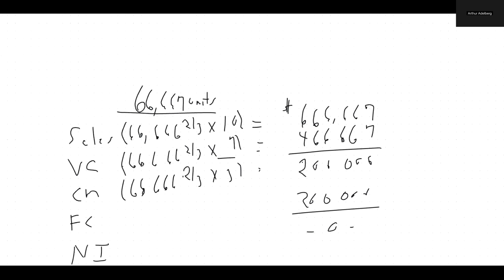Anyway, we just proved that we correctly calculated the break-even point as 66,666 and 2/3 units. Now, the manager said, how many units do I need to sell in order to break even, in order to earn a net income of 0?